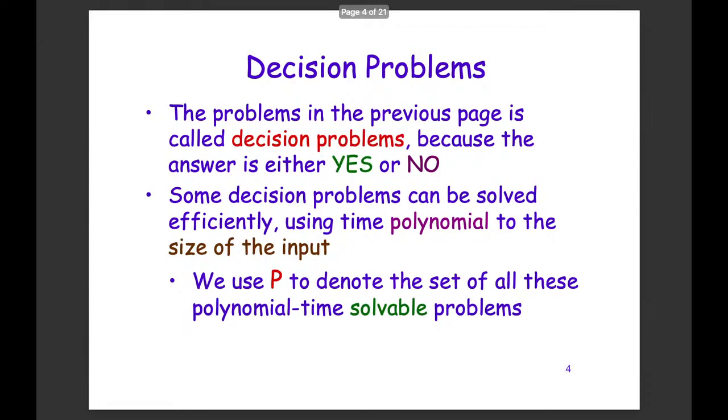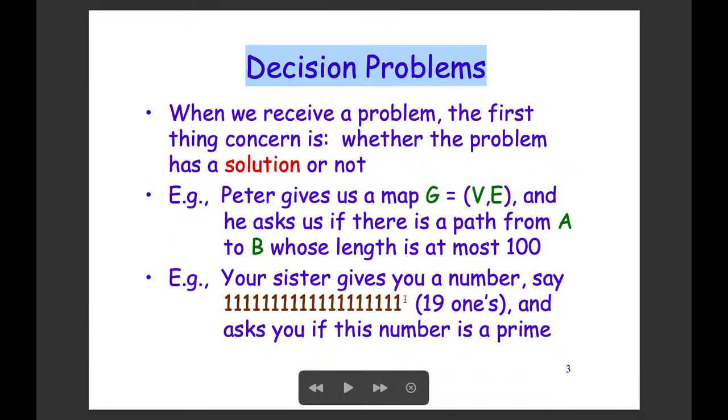So this is also a polynomial time verifiable problem. And how about this one? If I have a number n, I want to check whether n is prime or not, then suddenly this problem is interesting. If it is a prime, there may not be any easy proof. But if it is not a prime, there is an easy proof.